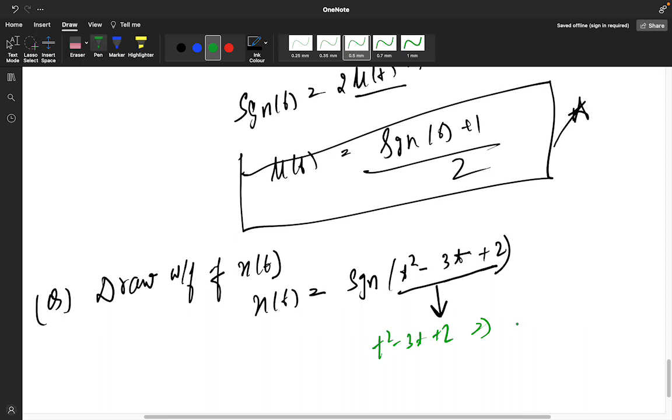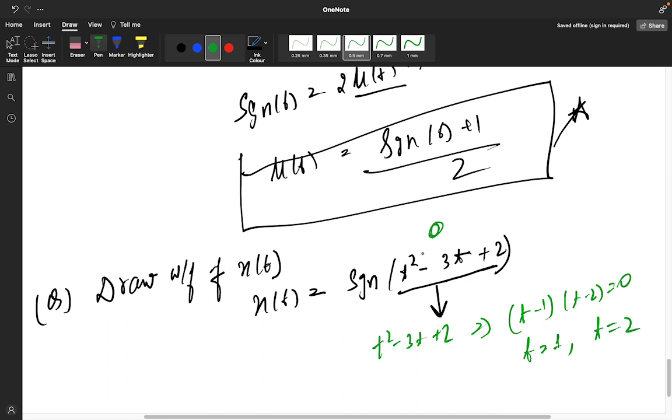Do the midterm factorization. What value will you get? t minus 1 into t minus 2 equals 0. Means at t equals 1 and at t equals 2, you are getting this function as 0.